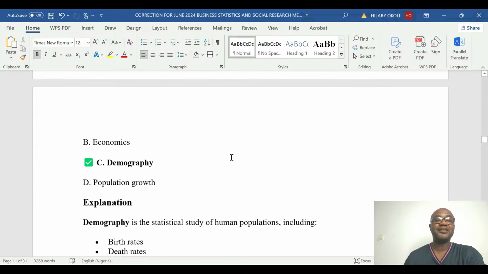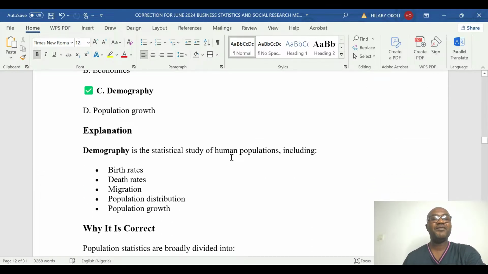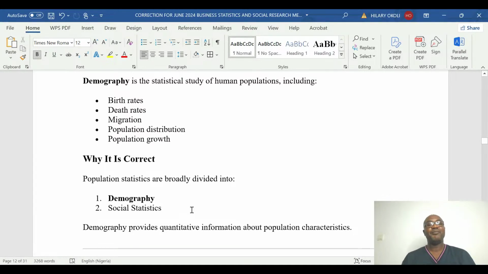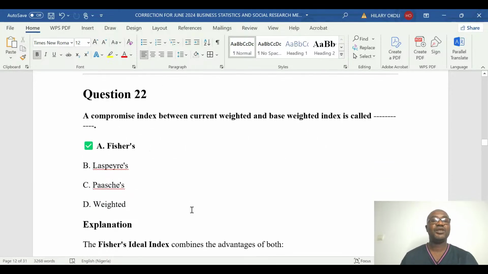Demography is the systematic study of human population: birth rate, death rate, migration, population growth and population distribution. Population statistics are broadly divided into demography and social statistics. While demography provides us quantitative information about population characteristics. That's what it does for us.